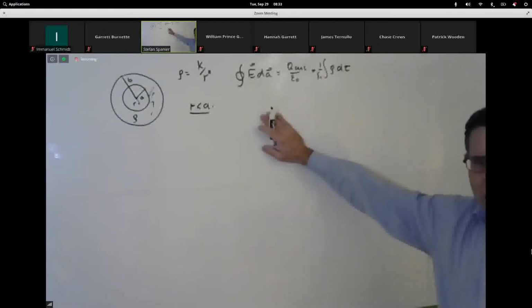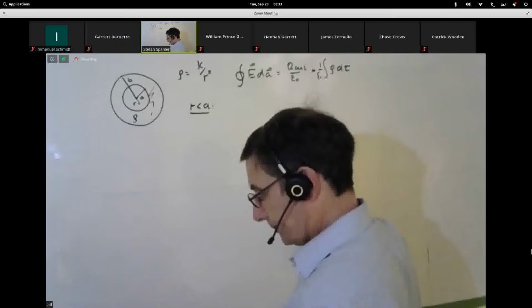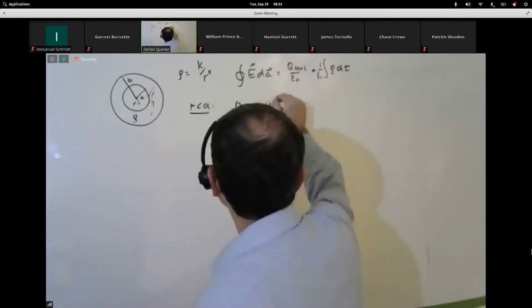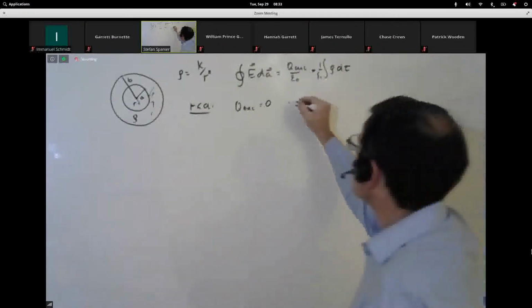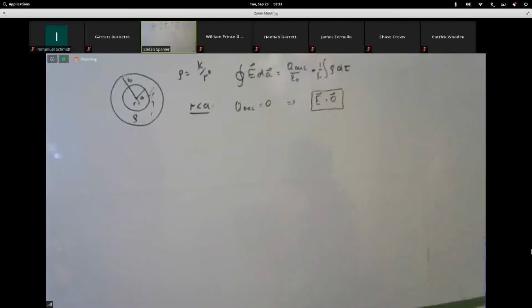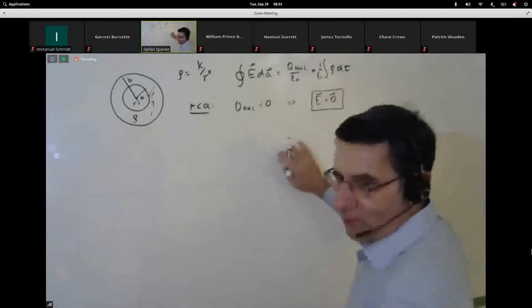So what is the answer for r smaller than A? 0. Right. So the enclosed charge is 0, just looking at the drawing. And hence here. It is also nice if you would just indicate your final answer, because it may happen you step around.